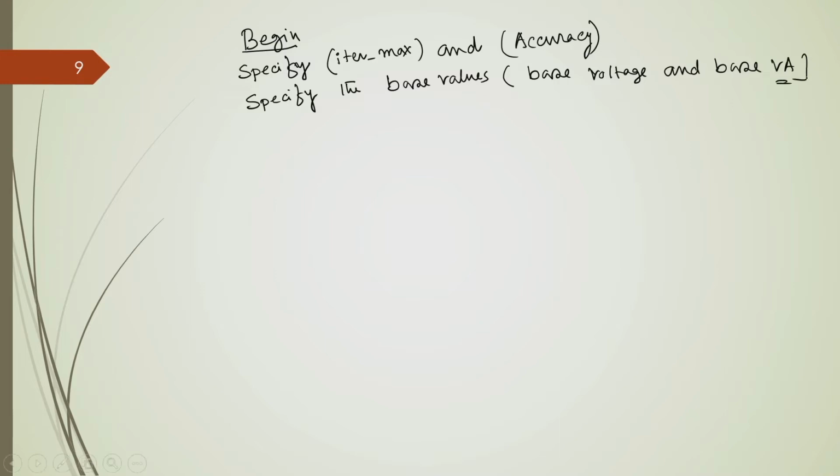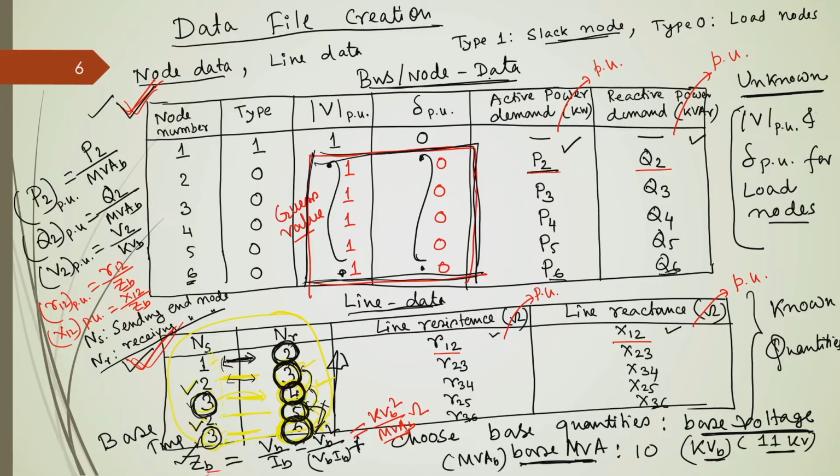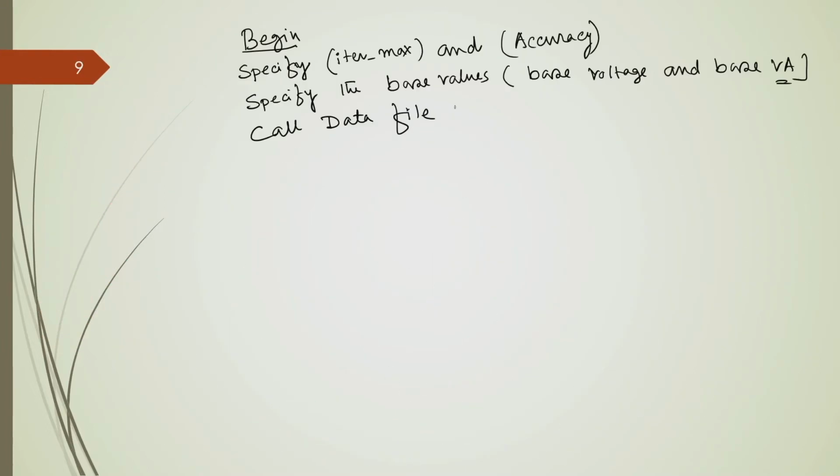This volt ampere can be in kVA or MVA as per your choice. Then you need to call the data files. What data do we require to compute this load flow analysis? We have two important data files, one is called node data or bus data, another is called line data. So, we will call this node data and bus data.